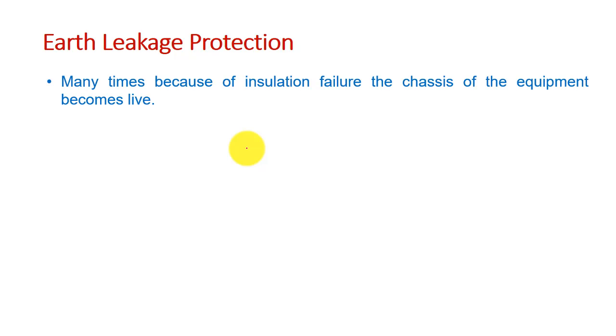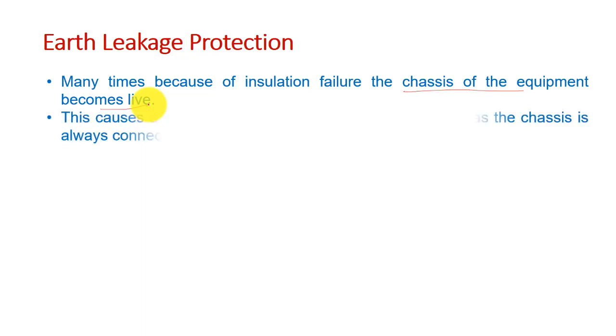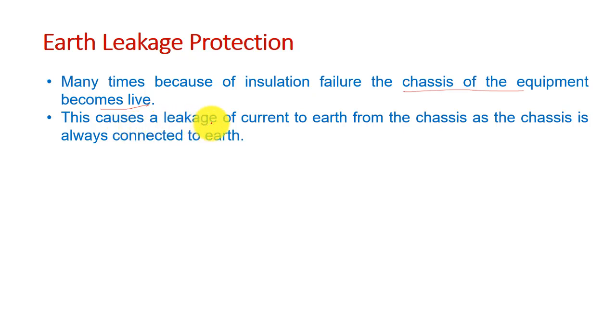This is called earth leakage protection. So many times because of insulation failure, the chassis of the equipment becomes live, right? It remains live, and as soon as we touch it, the current passes through us to the ground, right?